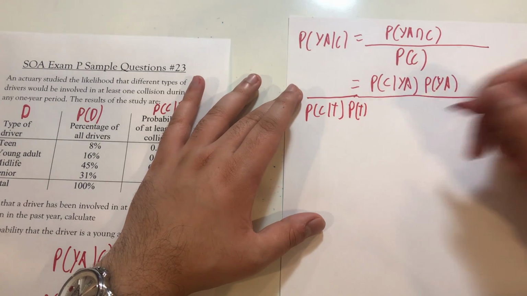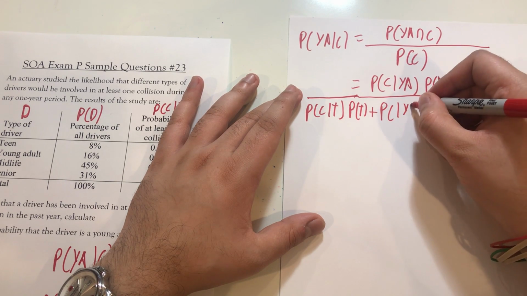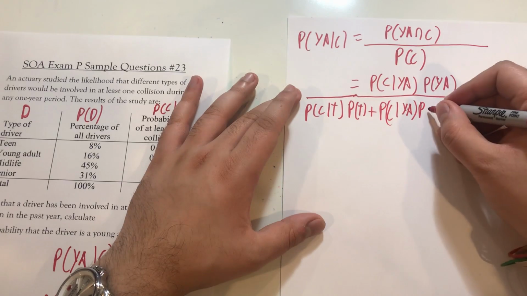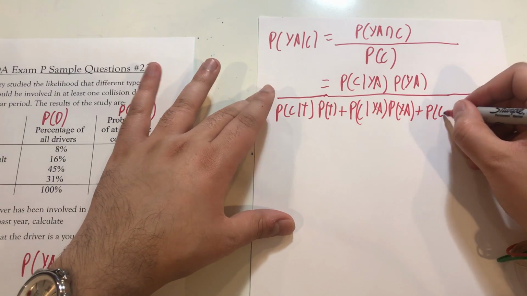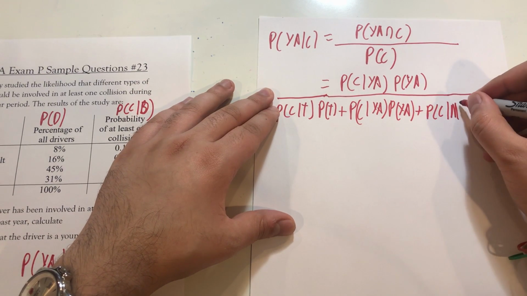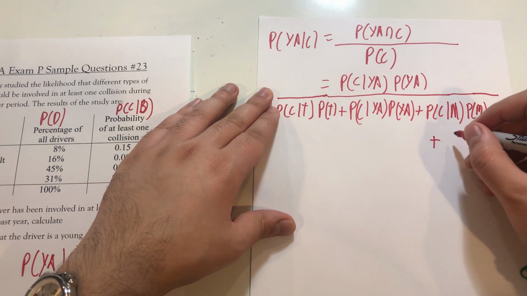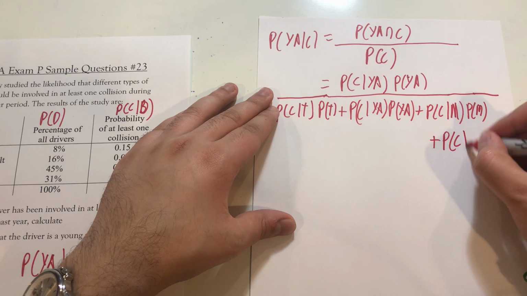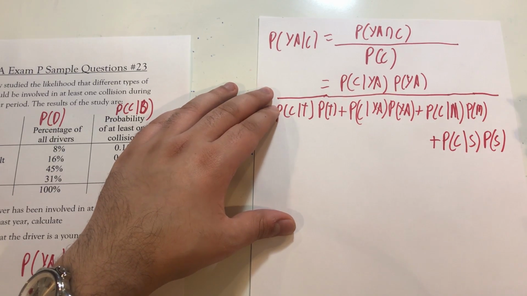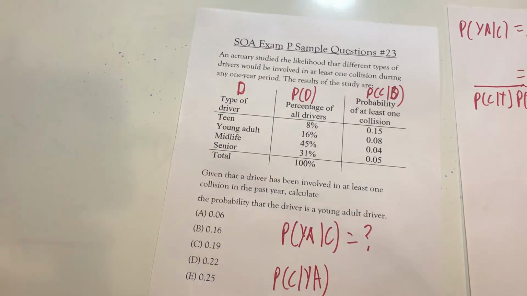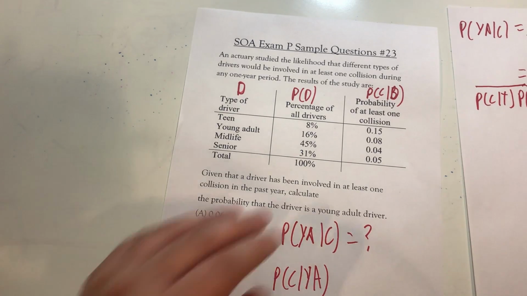And this is kind of just what Bayes theorem is, plus the probability of a collision given you're a young adult multiplied by the probability that you're a young adult, plus the probability of being in a collision given you're in midlife times the probability of being in midlife, plus the probability of being in a collision given you're a senior multiplied by the probability that you are a senior. And we can use the table to fill in all these pieces of information and just algebraically compute this. It's just going to end up being a fraction.